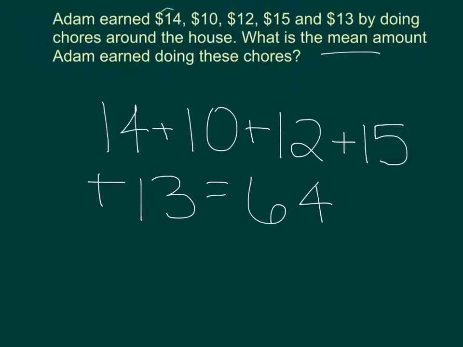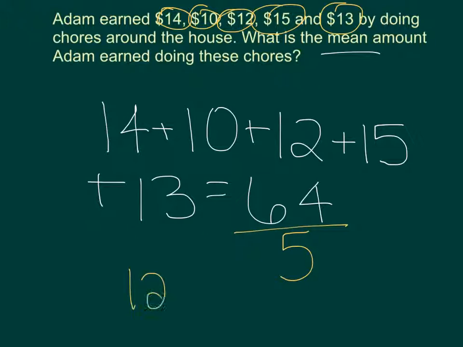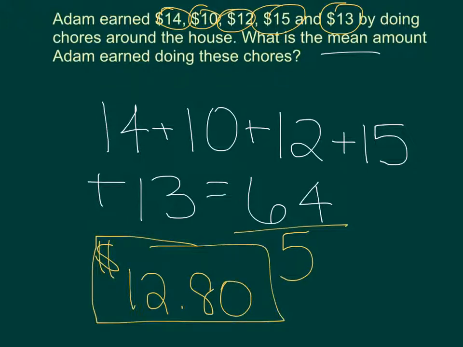Well, there is one number, 2, 3, 4, 5. So you're going to divide that number by 5. And if you divide it by 5, you get 12.8, which would be $12.80 is the average that he made.